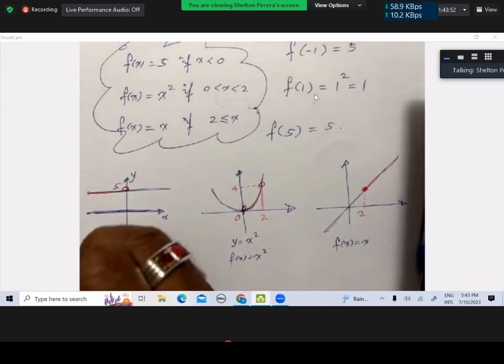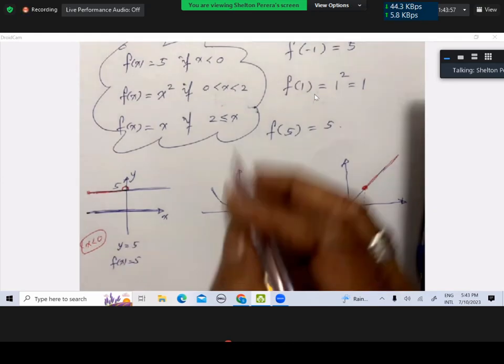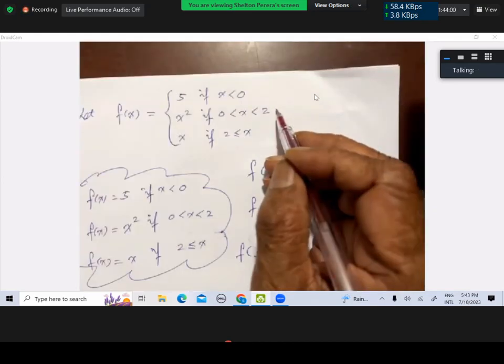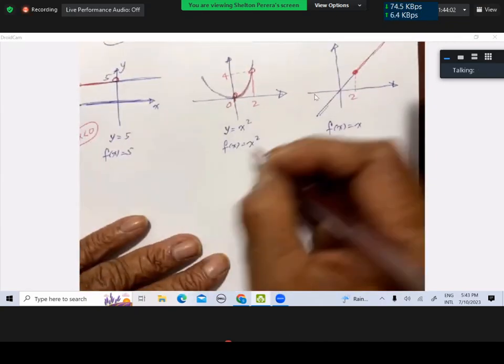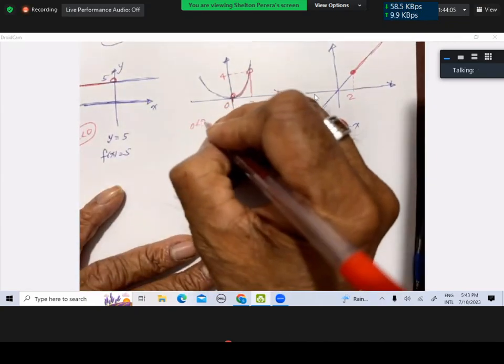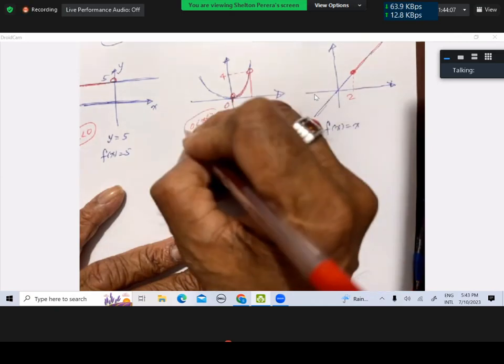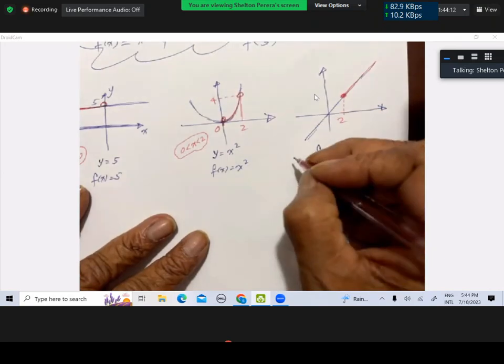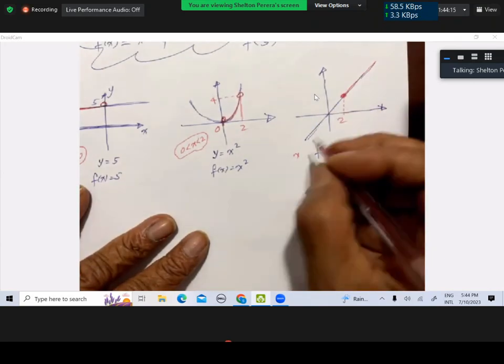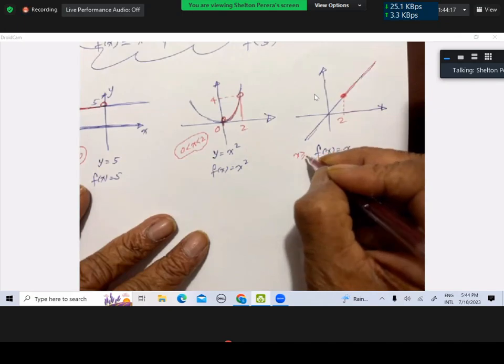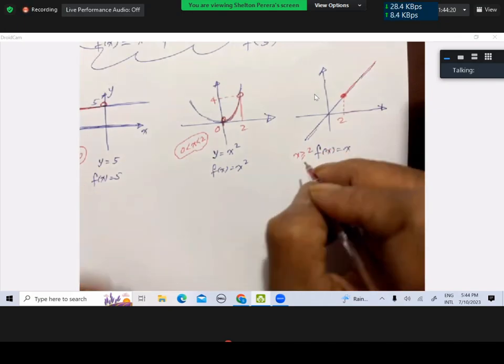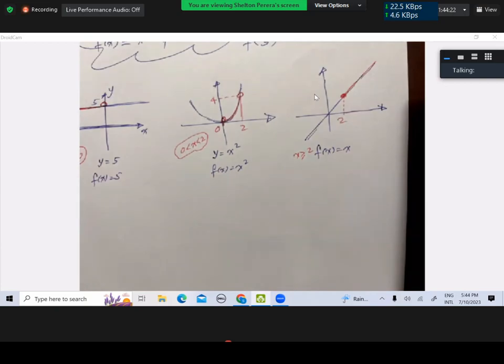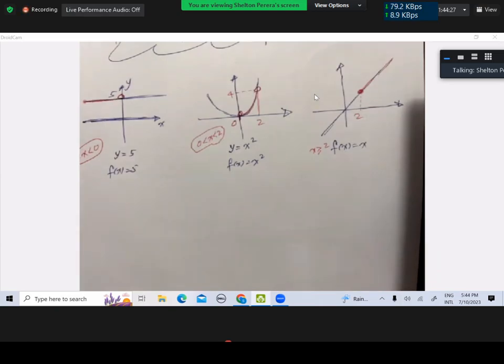From this, we get x between 0 and 2. Here, from this graph we take x greater than or equal to 2. Cut and paste.